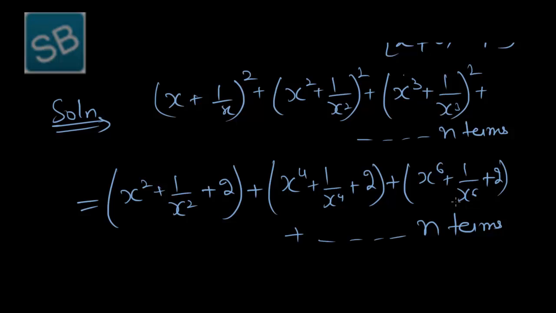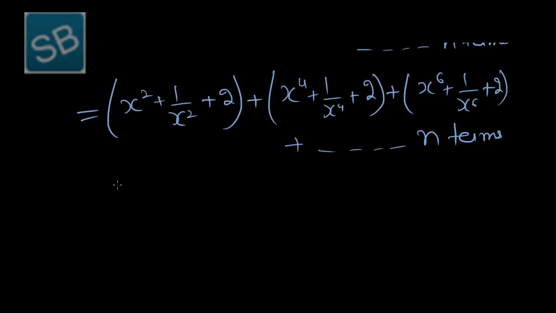Now in the second bracket, x square squared is x to the power 4, 1 by x square squared is 1 upon x raised to power 4, plus 2 into x square into 1 by x square becomes 2. Similarly, in the other brackets we get the same terms by applying (a plus b) whole square.